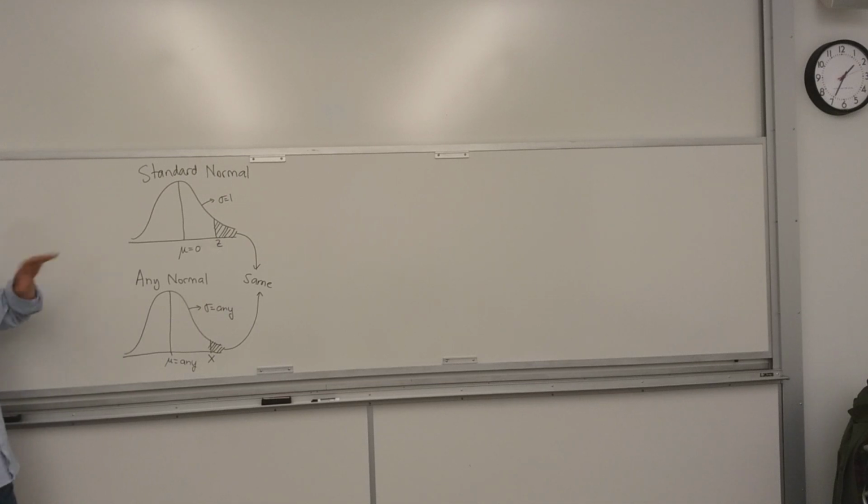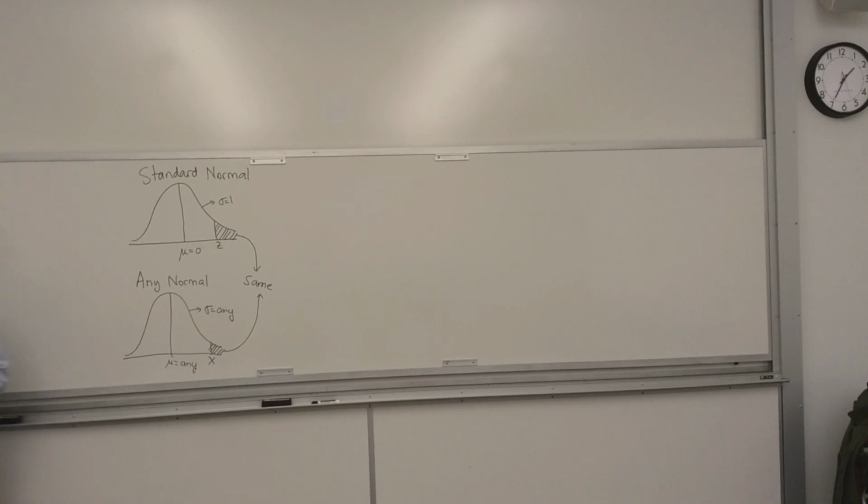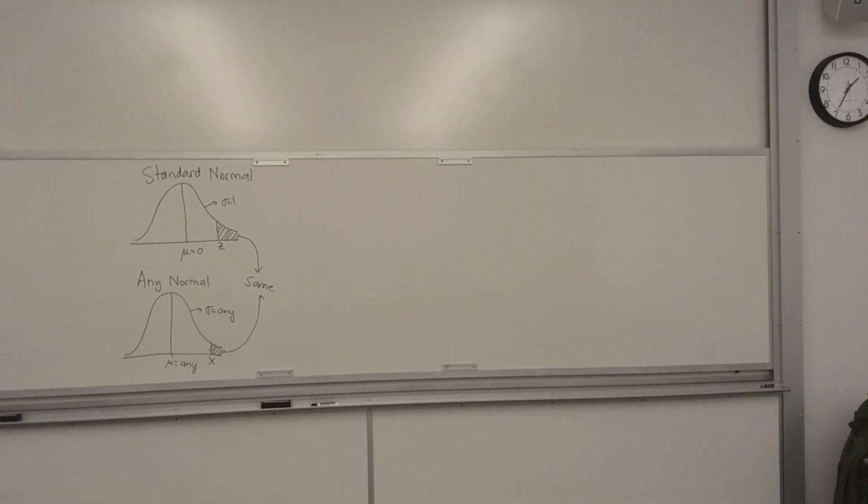Okay? So the probabilities of the standard normal are given in a table. So as long as we know the standard normal probabilities, we can find out probabilities for any normal distribution.